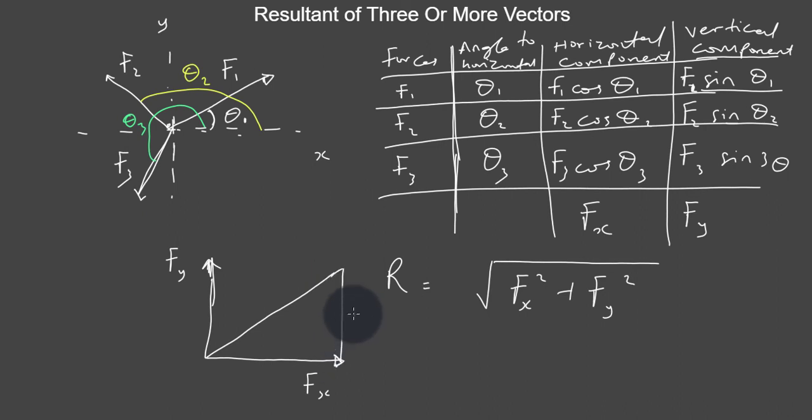If you think about it closely, what I've just done is apply Pythagoras theorem here, which is R squared equals Fx squared plus Fy squared. So this is basically how you calculate the resultant vector of three or more vectors. We're going to solve an example later on, but this is just to give you the formula and the tools you need for what we are going to be solving very soon.